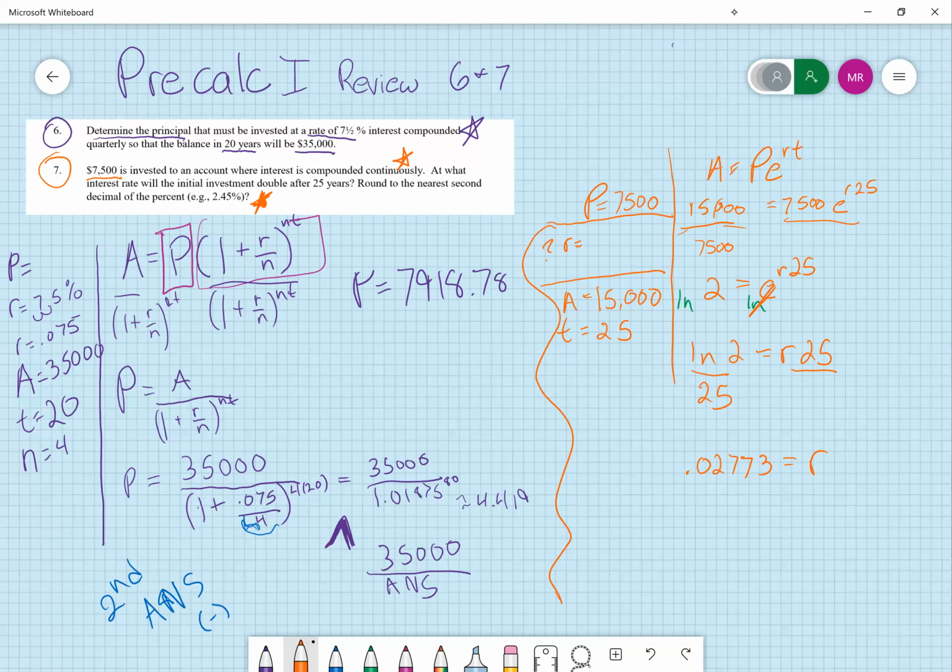To put it into a percent, I need to move the decimal place 2 places to the right. So 2.77, because it asks for 2 decimal places, equals R. And that's how I found it out. So going through the word problems, identifying what you know, and plugging it in, that's how we solved it.